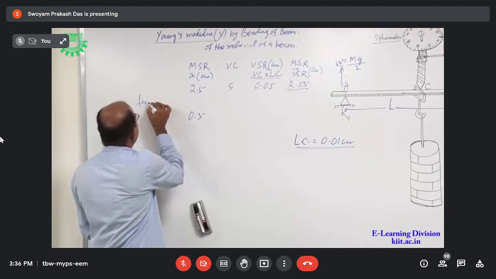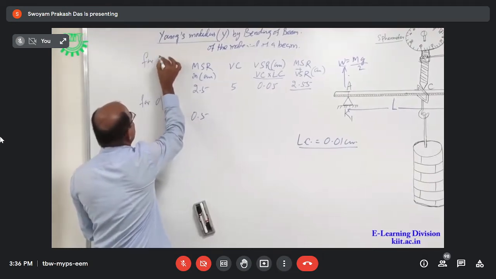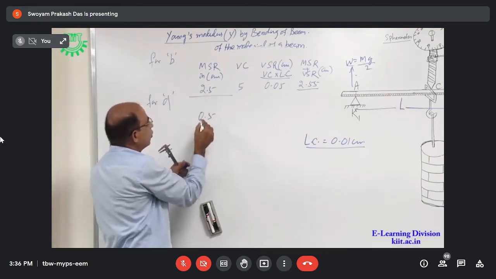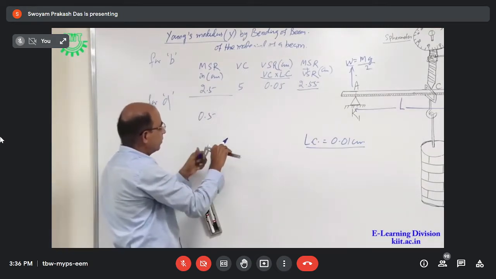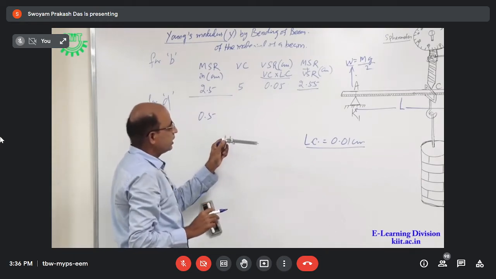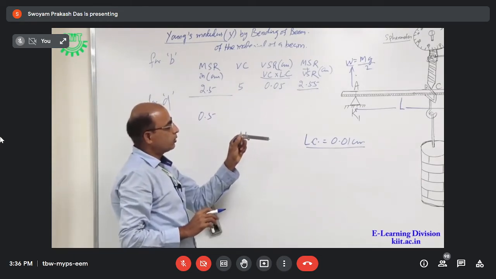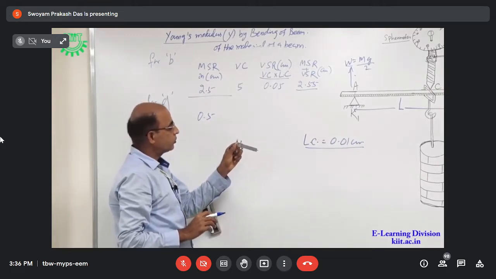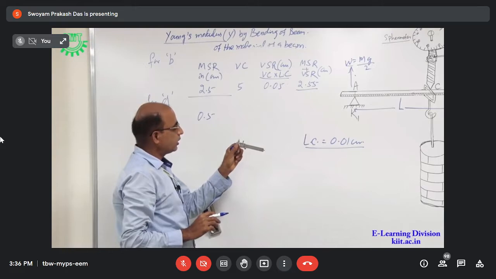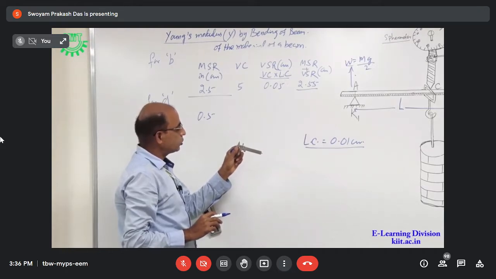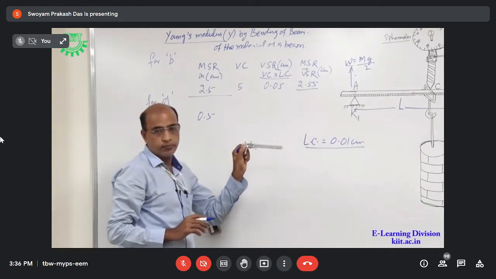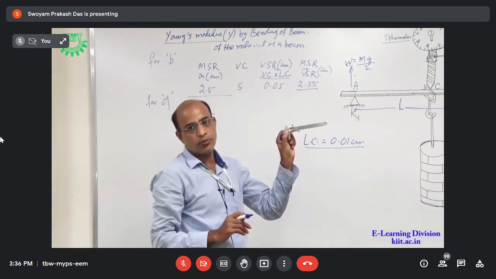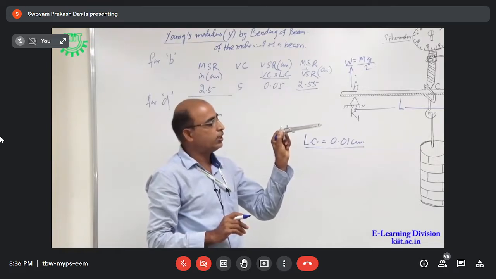This is for D. This is for B. So 0.5 is exactly with respect to the vernier 0, and VC is 0 because the 0 mark of vernier coincides with 0.5. Both are collinear.